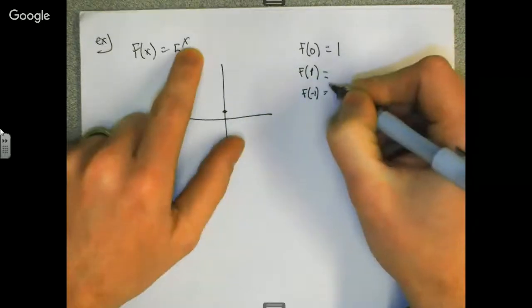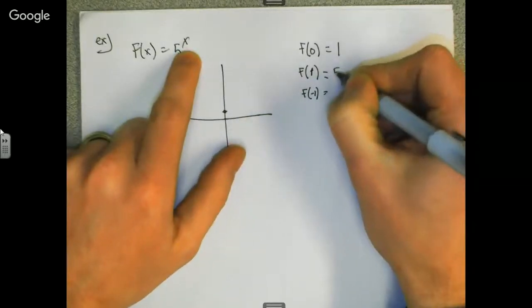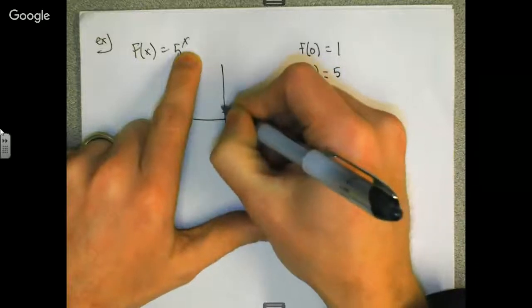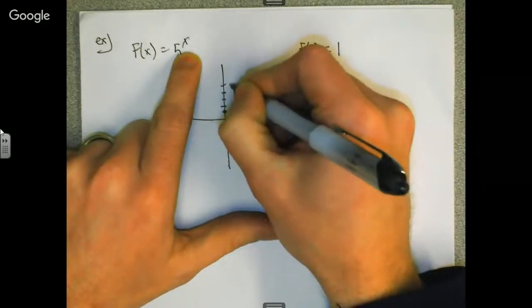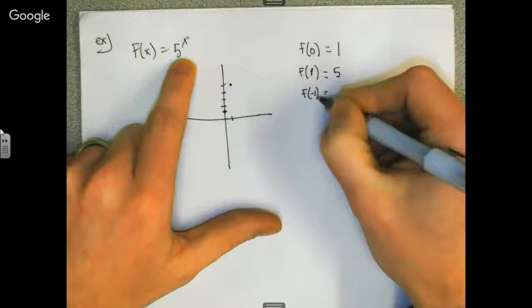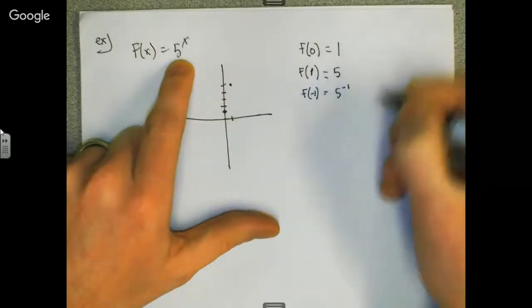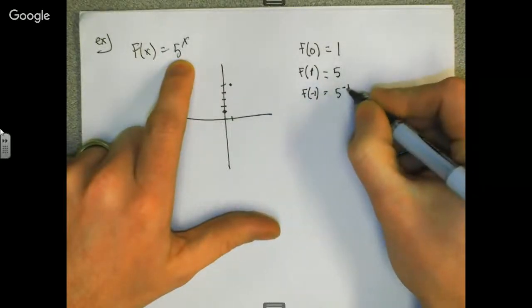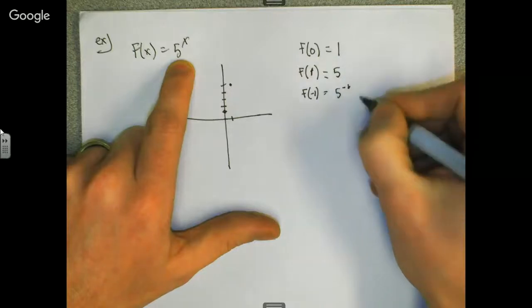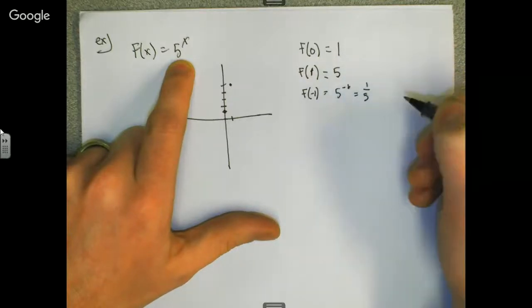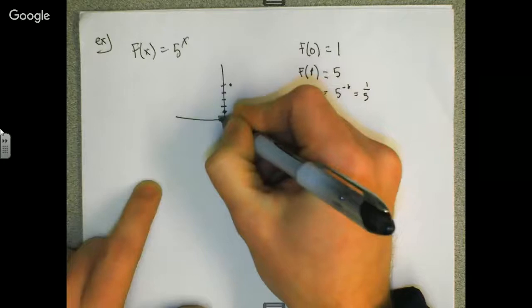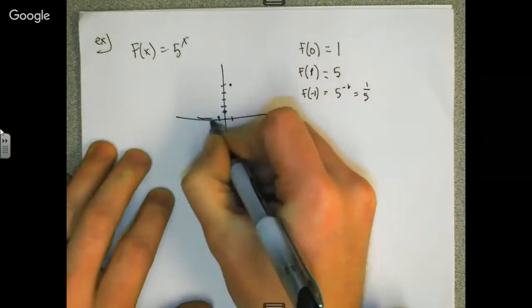If I put 1 in there, that's 5 to the first, which is 5. So we're at 1, 5. And if I put -1, that's 5 to the -1, which, remember, to get rid of the negative exponent we turn it into a fraction, which is 1/5. So it's -1, 1/5.